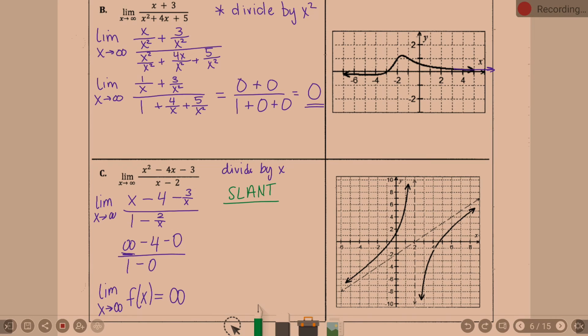We're finished with this problem officially, but this is a good time, and I even have it in my notes, to talk about slant asymptotes. Slant asymptotes are a result of what is my numerator divided by my denominator. Now, here comes a review of what kind of division this is called. Synthetic.